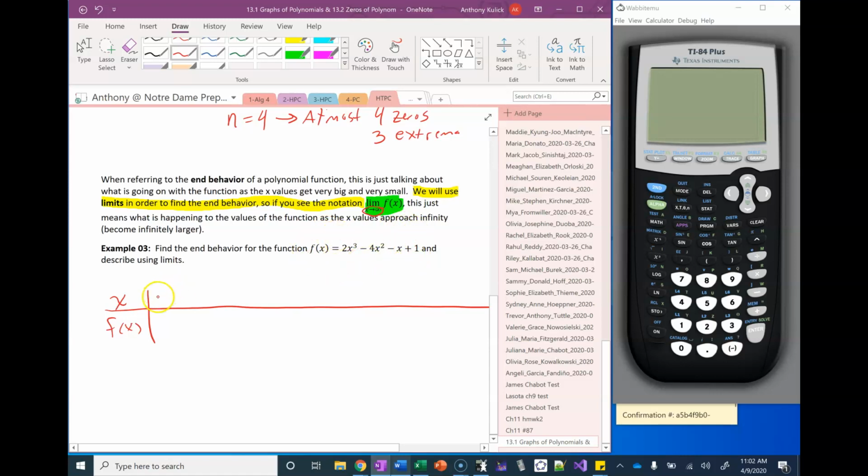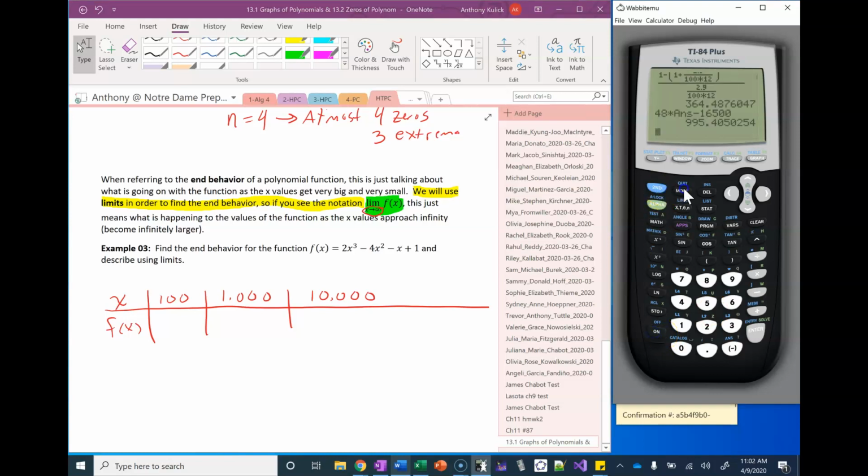So let's pick some progressively larger values for x. So maybe 100, say 1,000, and then let's say 10,000. And what I'll do is I'll just go into my calculator and plug these values in for x.